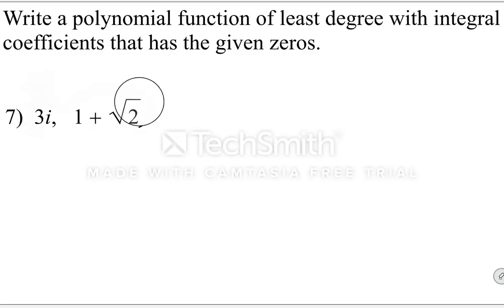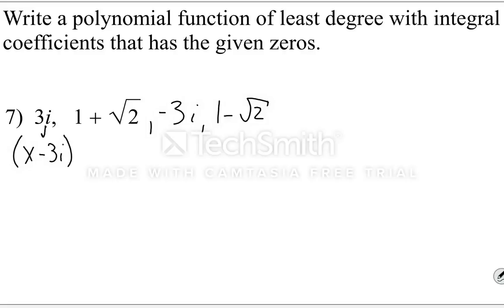Let me write this just kind of horizontally here. So I have 4 roots, 3i, negative 3i, 1 plus root 2, and 1 minus root 2. So again, I want to use parentheses and kind of put them back in. So I'm going to get x minus 3i from this one. I'm going to put this one next because it's the opposite of the 3i. So I get x plus 3i.